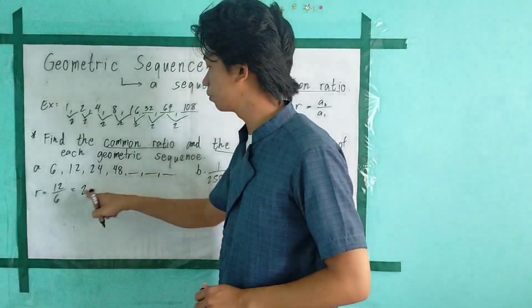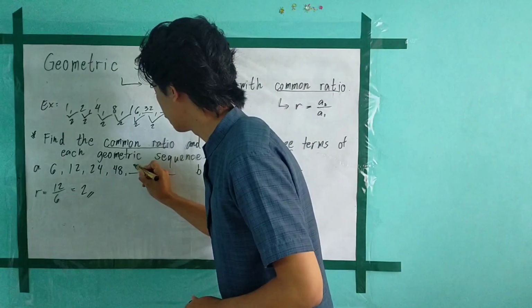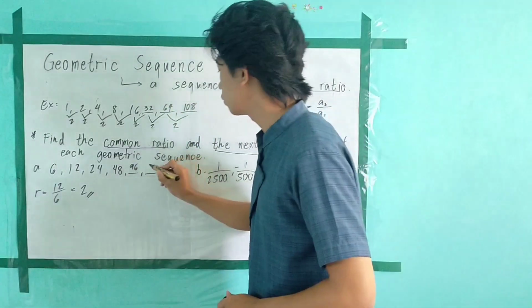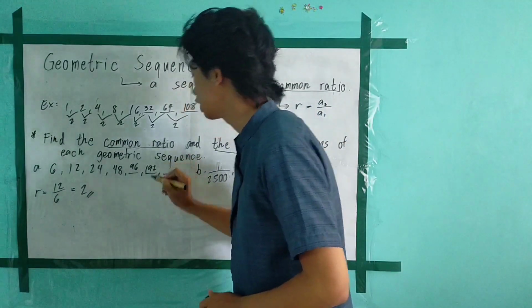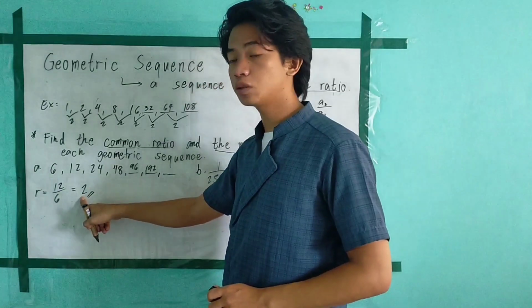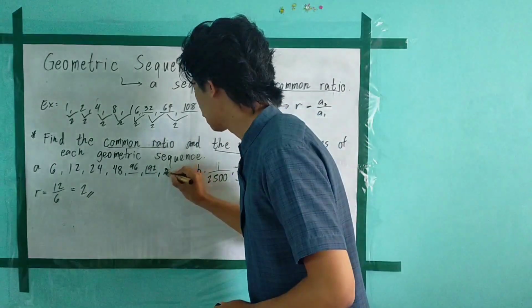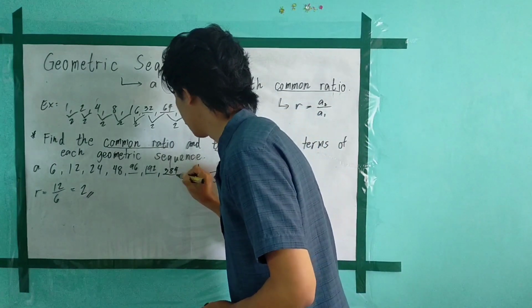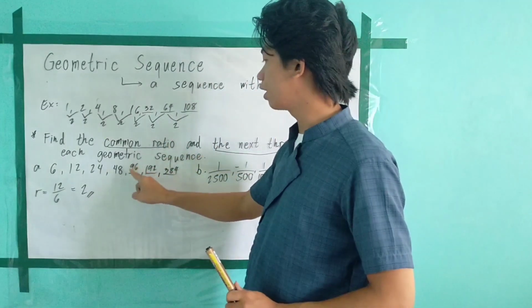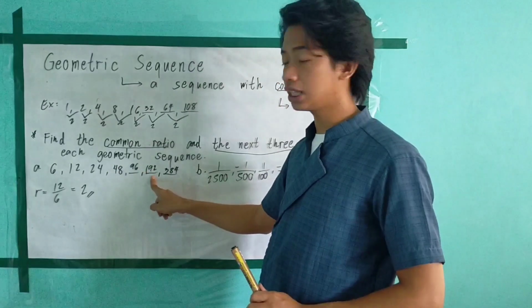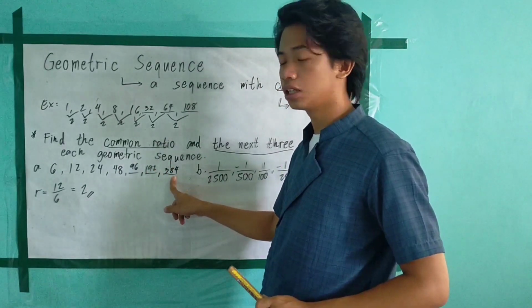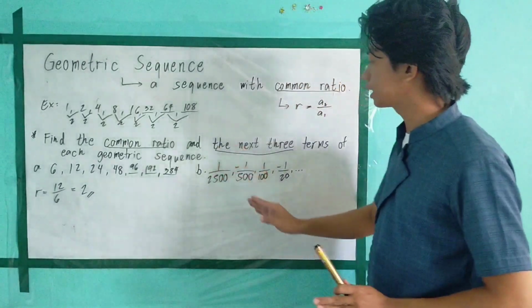So 48 multiplied by 2, we have 96. 96 multiplied by 2, we have 192. 192 multiplied by 2, we have 384. So our next 3 terms are 96, 192, and 384. Let's proceed to our next problem.